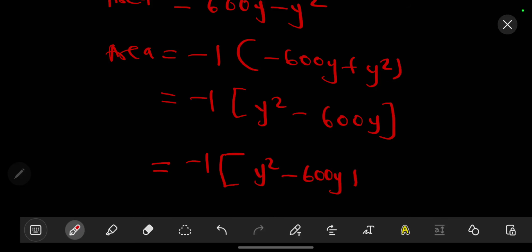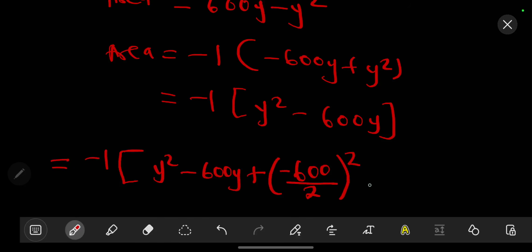For the next part, we add the square of the coefficient, negative 600 over 2. We divide by 2, then square it. Whatever you add, you also subtract so that they cancel each other. So negative 1, open brackets, negative 600 divided by 2, squared.